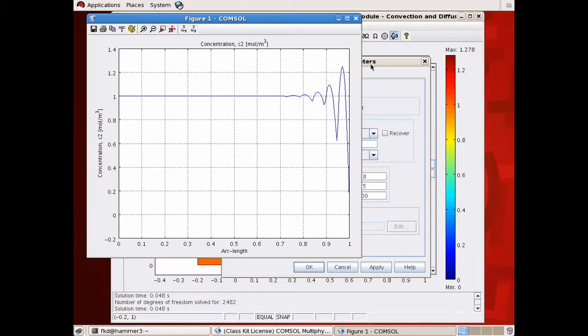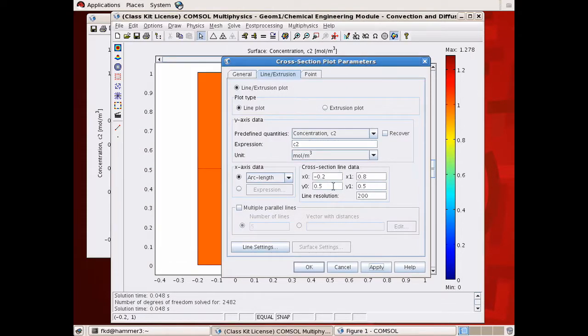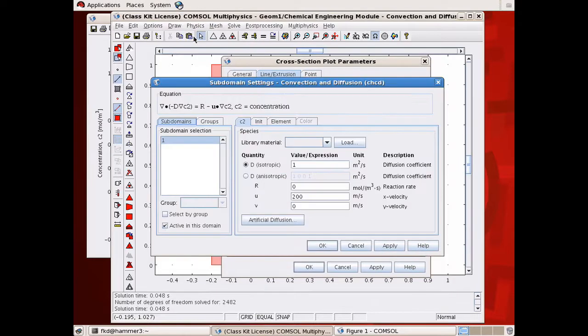So now we know, what is it? We think it's a Peclet number. It is 200, right? So what is the size of this? So its velocity is 200, so 200 over 20, so it's about 10.